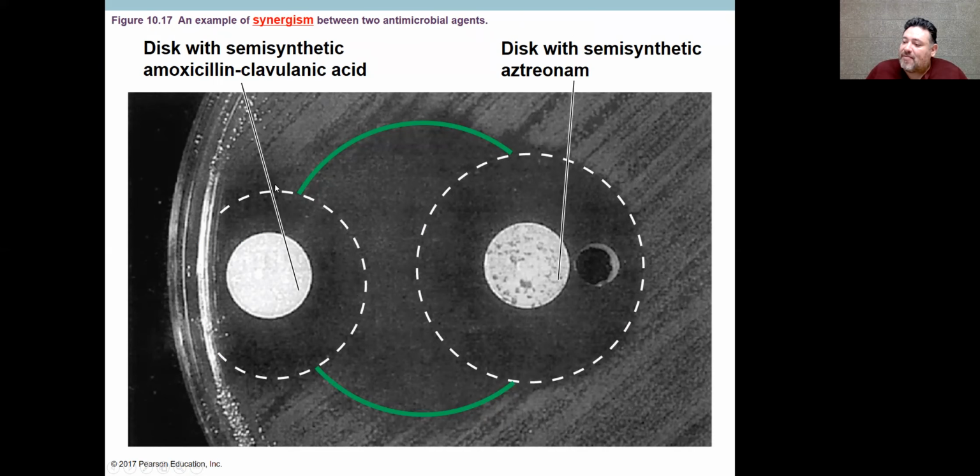Here's one antibiotic. Here's the other antibiotic. And look at what's going on in the middle. There's a large zone of inhibition. This large zone of inhibition is where small amounts of this antibiotic and this antibiotic have diffused together and worked synergistically to destroy the organism.